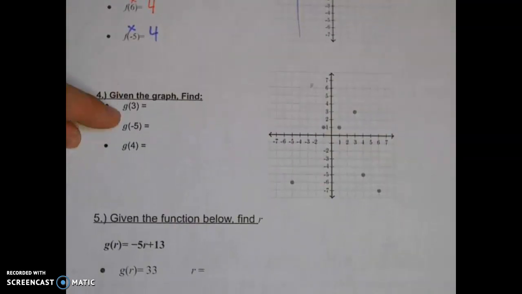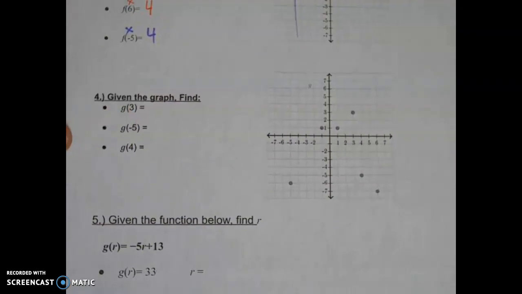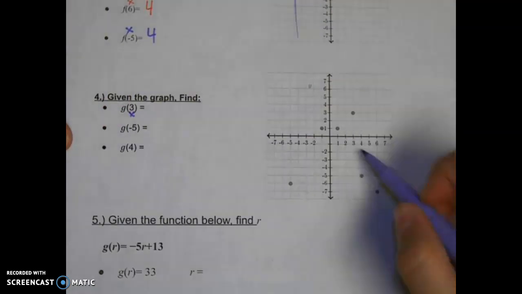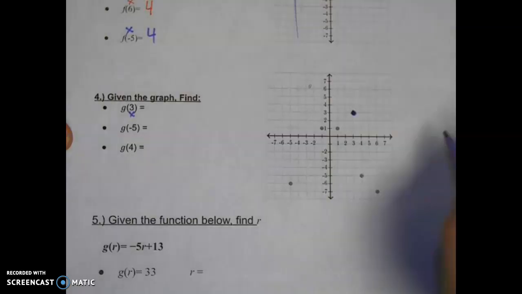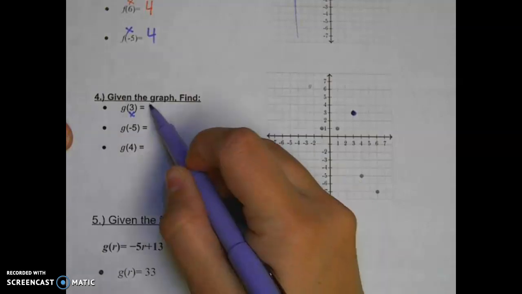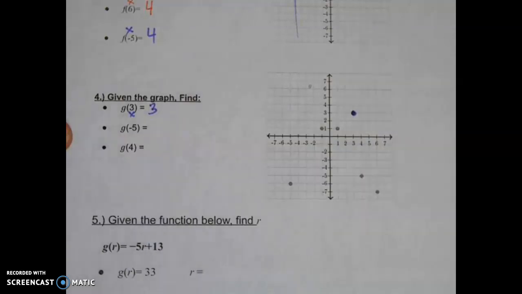I have g of 3, so now I have a g function. So when g of 3, so when my x is 3, what is going to be my y? So here's g of 3. Oh look, it's this point right here, which is also going to be 3. How exciting.